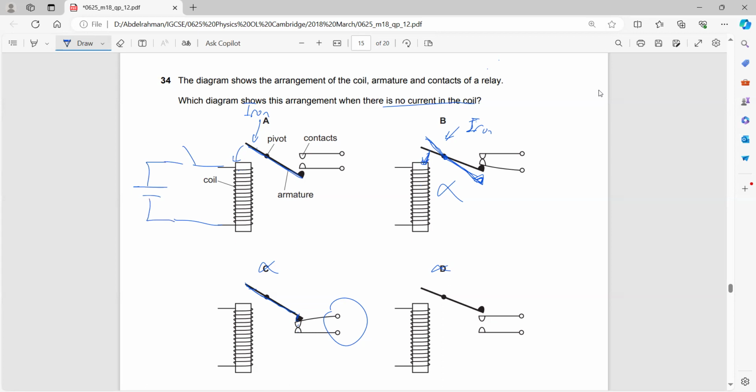If there's no current in this circuit, then there should be no current in the other circuit as well. So C is wrong, D is wrong, and B is canceled out. The only right answer would be A.